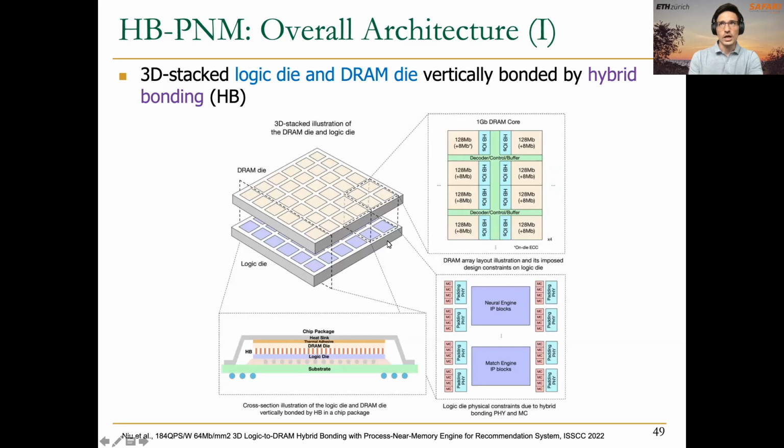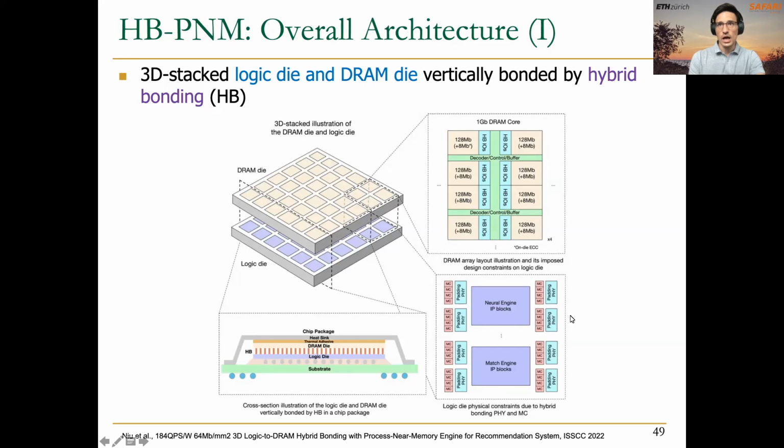As you see, they are using a very interesting technique to build 3D stacked chips, where they are directly bonding, using this hybrid bonding technique, two dies: one of them is a DRAM die, the other one is a logic die, as you can also see in this illustration here.